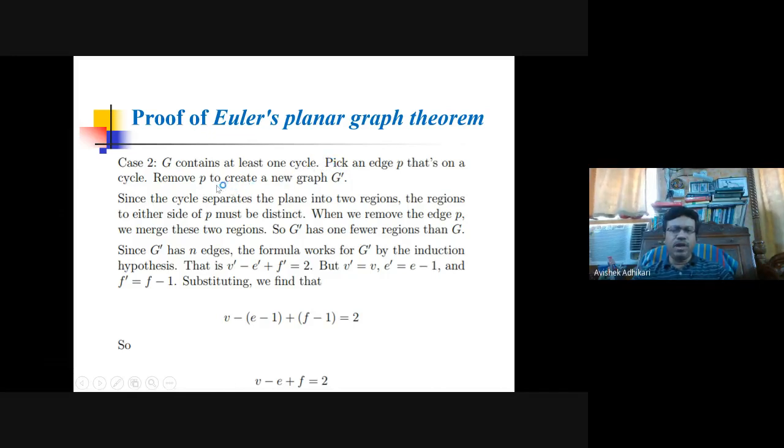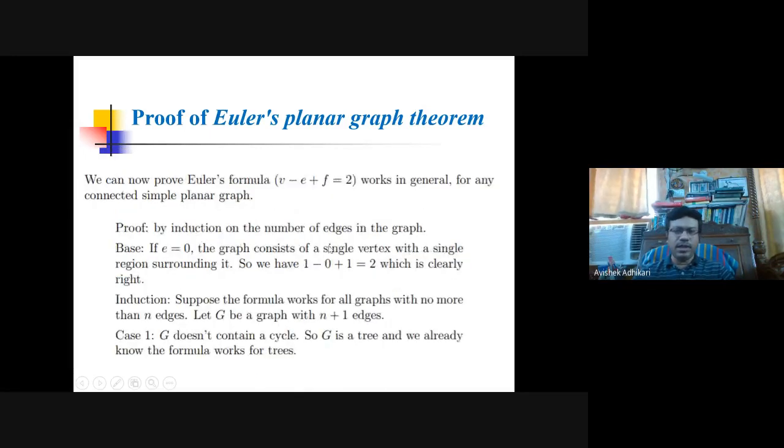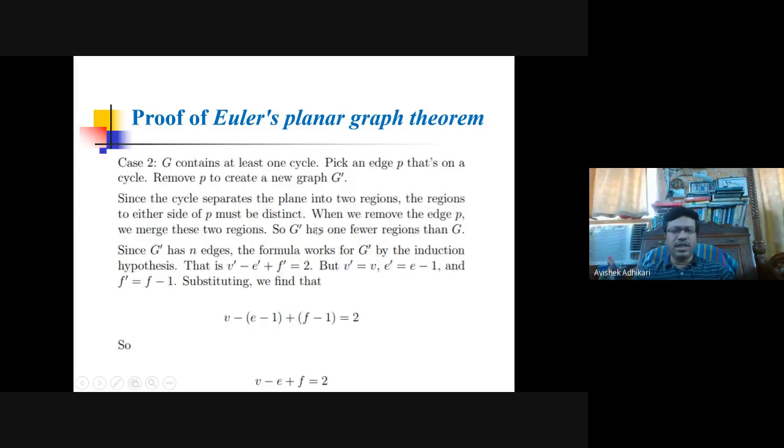If you remove one edge P, then it will have F minus one regions. Now, G has n plus 1 edges. Then you remove one edge from G to get G dash. So G dash will have n edges.